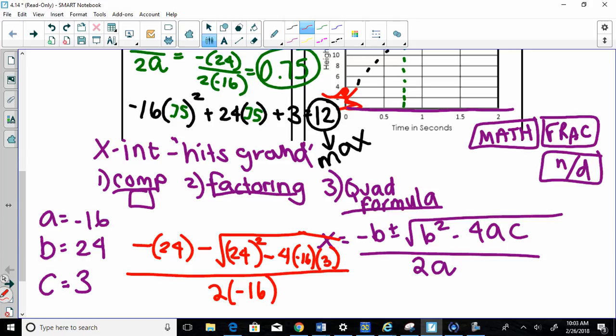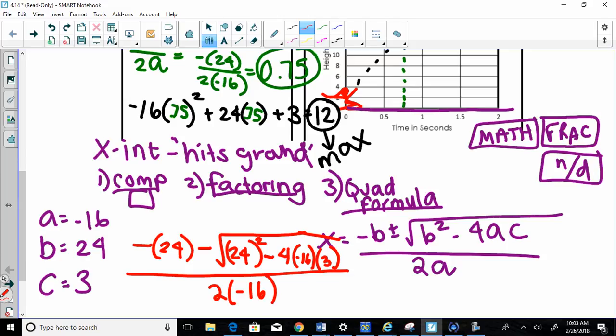To go back and get the second one, highlight it. You're doing the minus and the plus, getting those. Does everyone know that instead of rewriting it all over again, you can just highlight it?